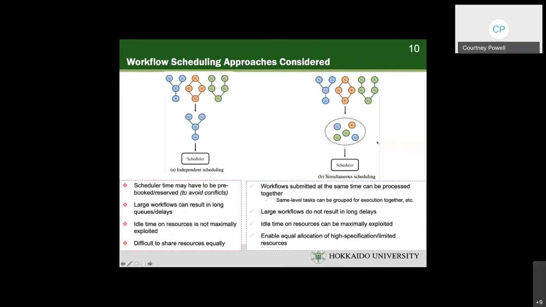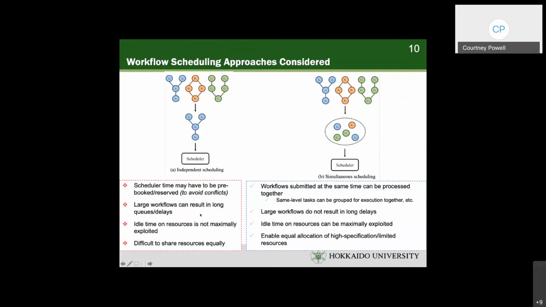So we also considered two workflow scheduling approaches, specifically independent scheduling and simultaneous scheduling. And you know that in independent scheduling, the time may have to be pre-booked or reserved.